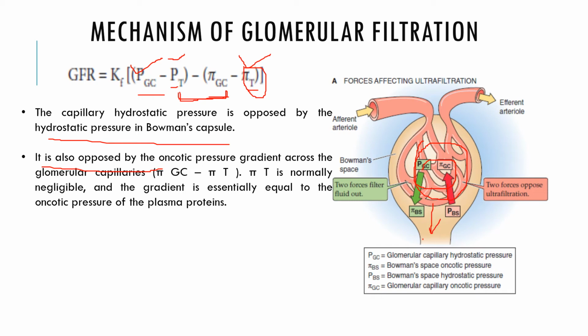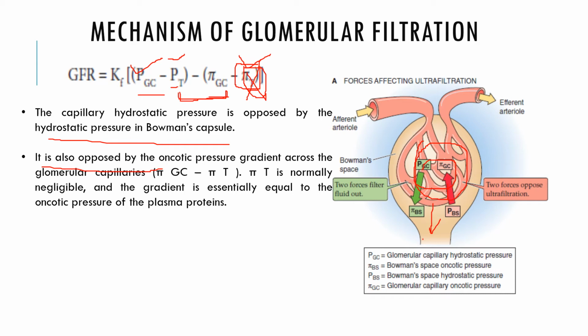So the oncotic pressure of the Bowman's space is almost negligible. If we remove this factor, we have three forces acting for the glomerular filtration.